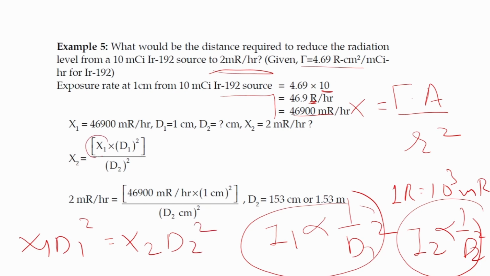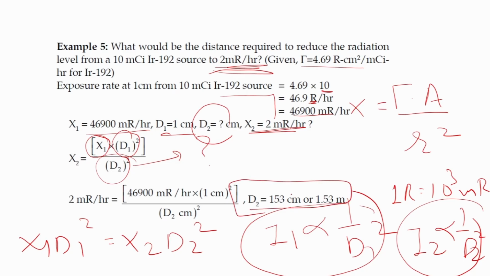You know the exposure at one point and the distance at that point, and you have to calculate d2. Here we have the exposure at 1 centimeter, and you need to find the second distance where your radiation level is 2 mR per hour, so x2 is given. You put these values into the formula and you get 1.53 meter. So at 1.53 meter, your radiation level will be 2 mR per hour. This is the example to understand how time and distance work.